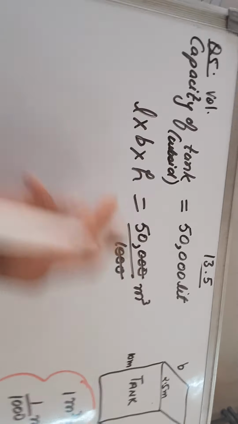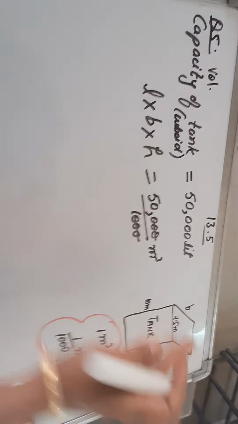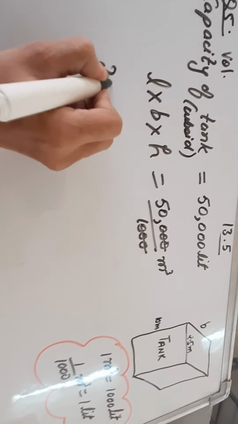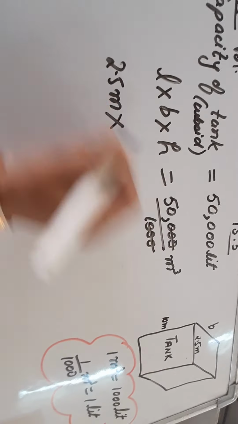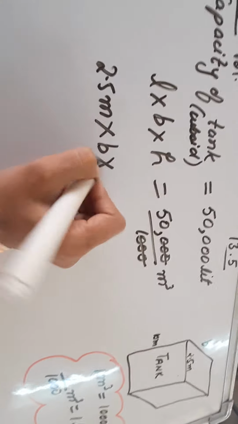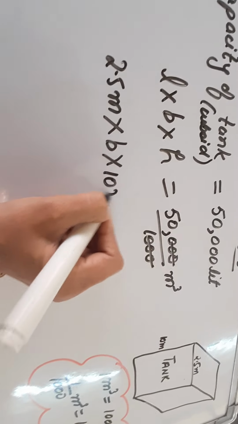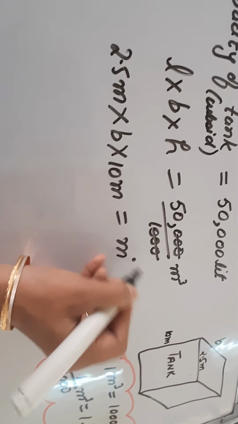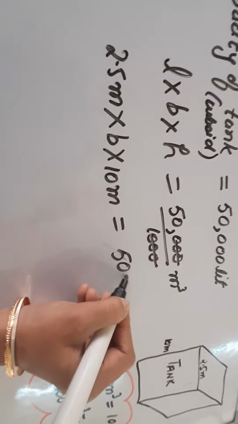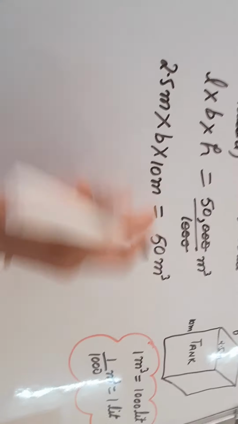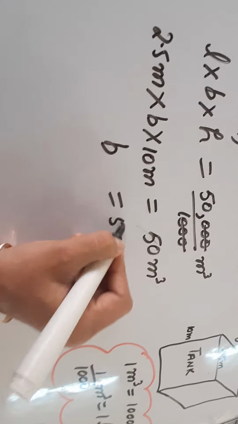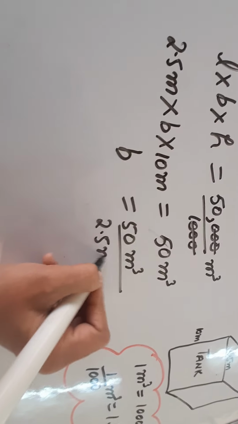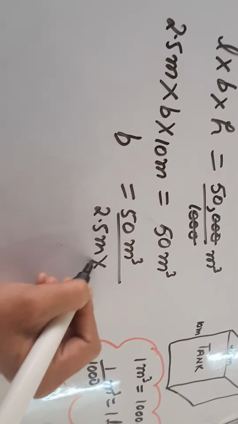So like this, what do we have? The length given to us as 2.5 meters, into breadth we need to find out, into height is 10 meters, is equal to 50 cubic meter, right? Now by cross multiplication we'll do the calculation. 2.5 meter and 10 meter.